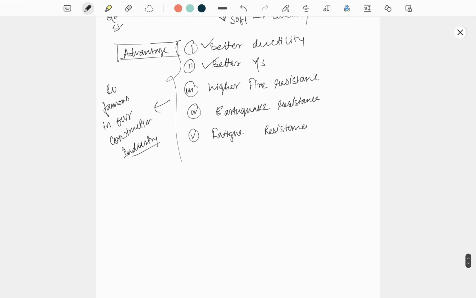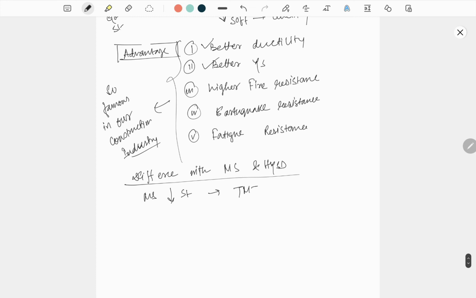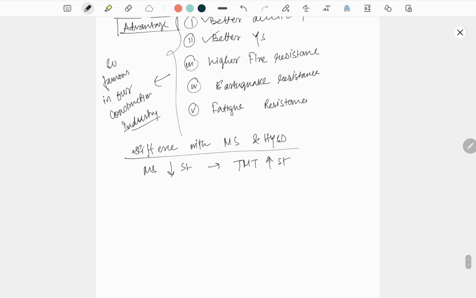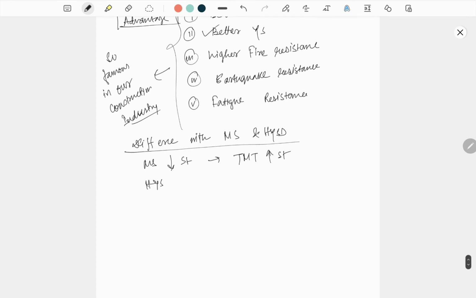Now we talk about the difference with MS and HYSD. See, MS has low strength, whereas TMT has higher strength. HYSD has lower ductility, whereas TMT has higher ductility.